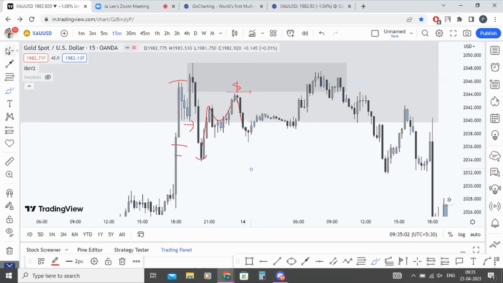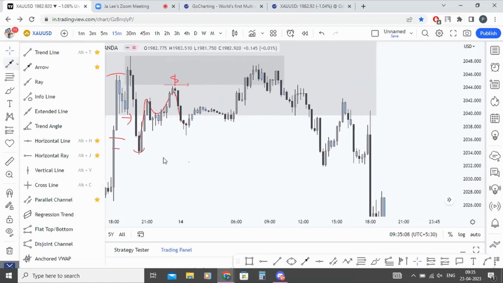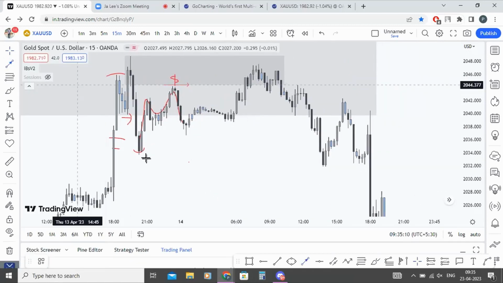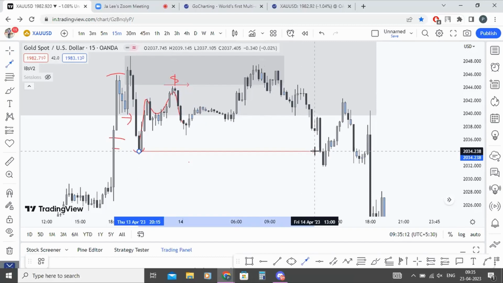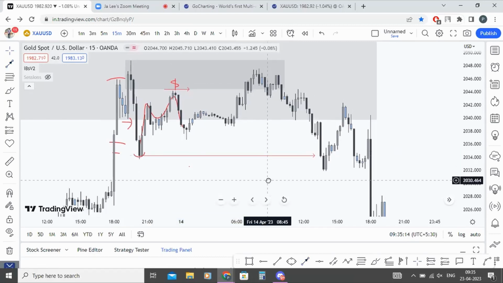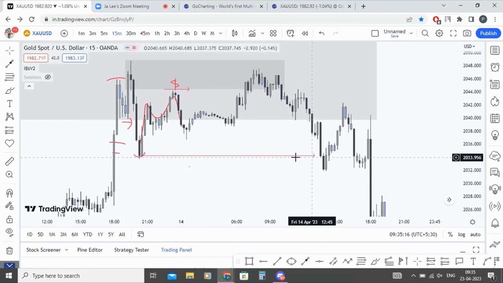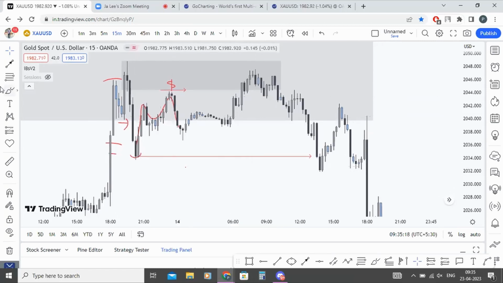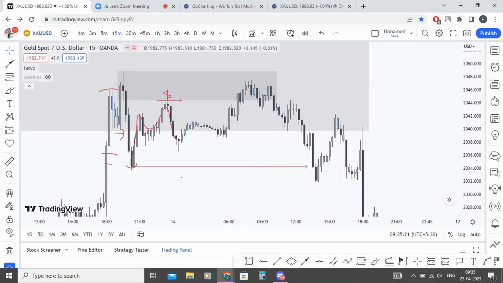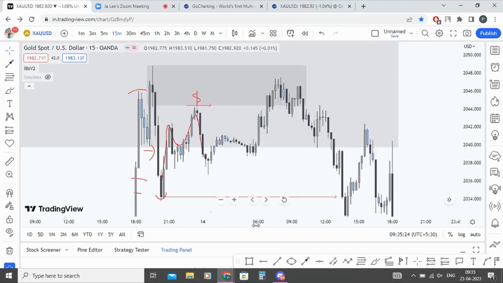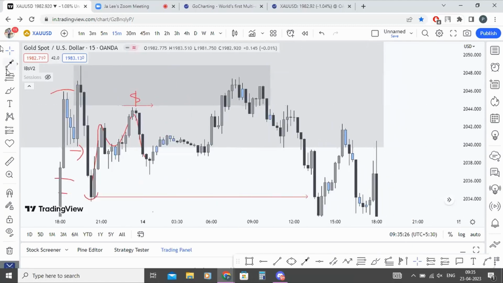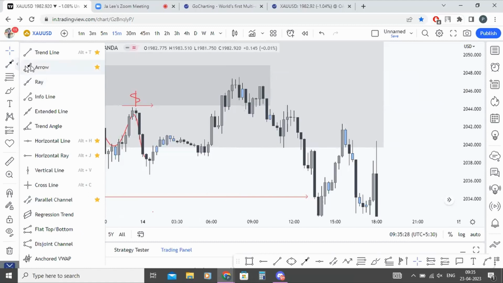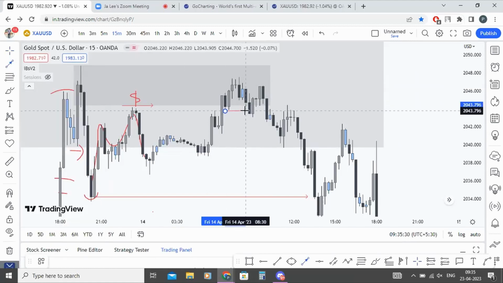And when it taps in that supply zone, I am just waiting for this low to go, this demand to fail. So then our supply will be in control and demand will fail. When this happens, I mark this area. So this was the recent demand fail right here.